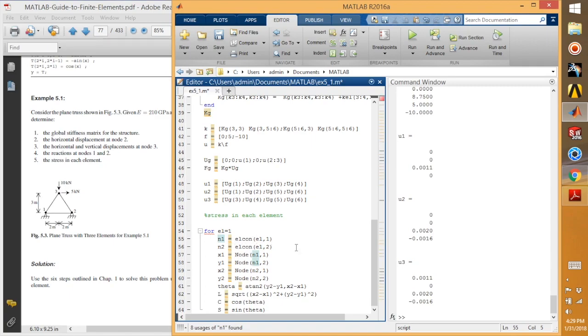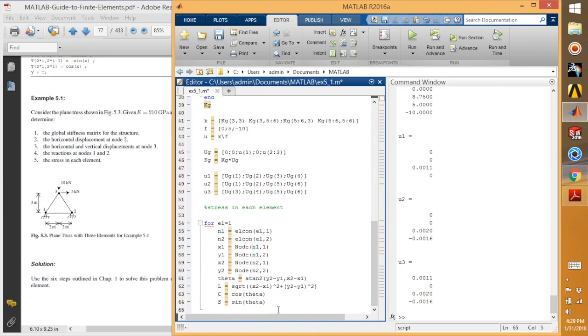Okay, then we have the formula for sigma 1 as E upon L times minus C, minus S, C and S, times displacement of element 1, which is U1, and then end this.